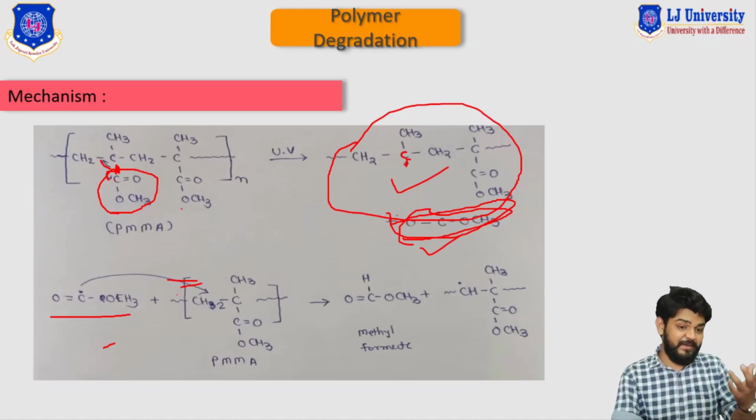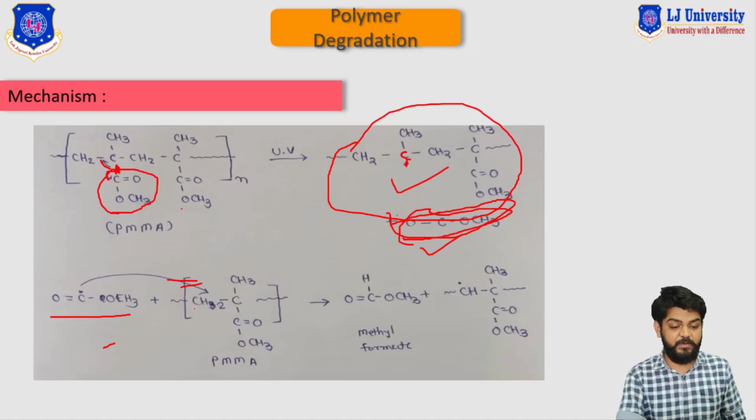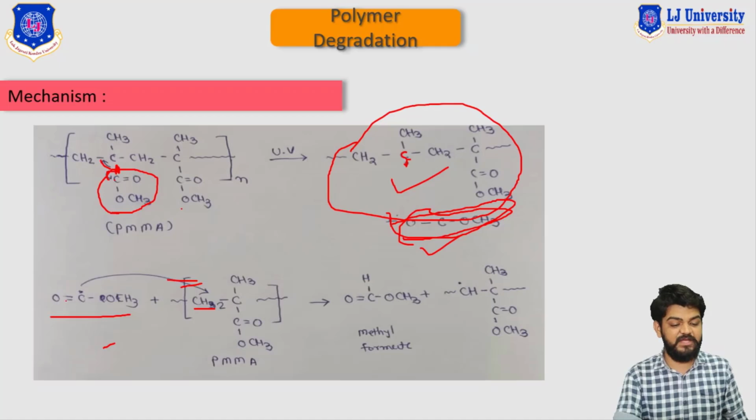Now what will happen is, this free radical will abstract hydrogen from this particular CH2 group, and it will form one more product. As you can see here, the free radical I am discussing will abstract hydrogen from this CH2, and this product is generated. We have O double bond C connected with one more hydrogen that was abstracted from this CH2, and we have OCH3 as it is.